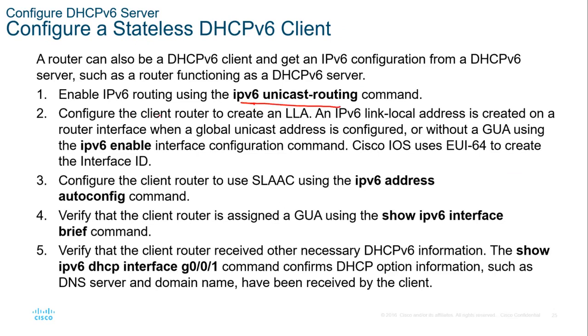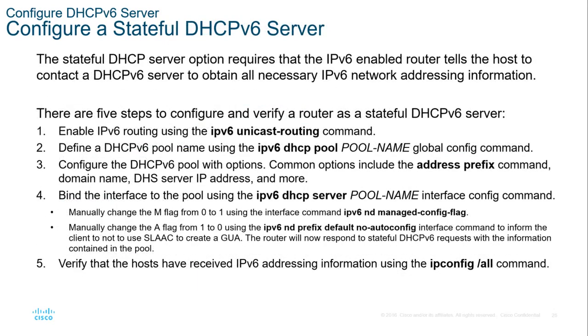IPv6 unicast-routing, then step number 2, configure the client router to create a link-local IPv6 address, enabled with IPv6 autoconfig, then ipv6 dhcp interface. You should be having the example.